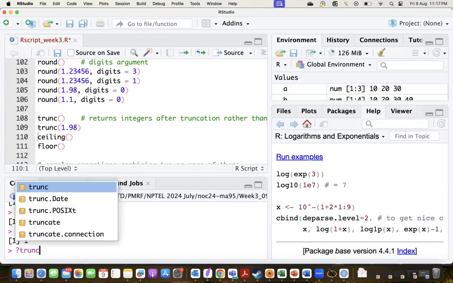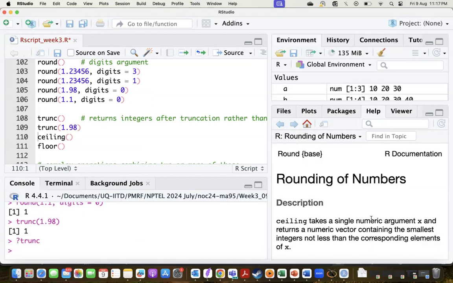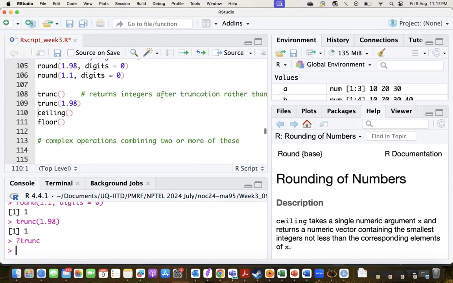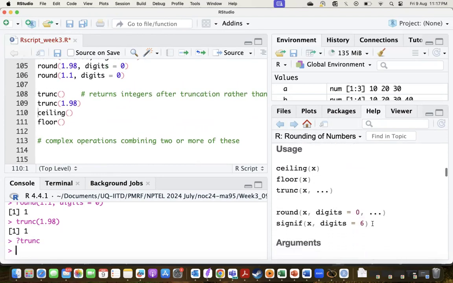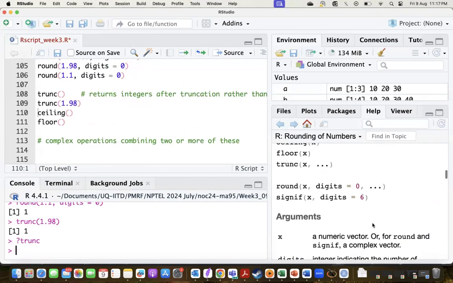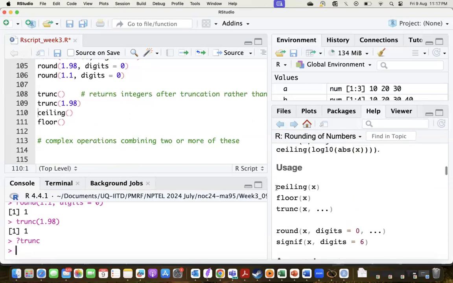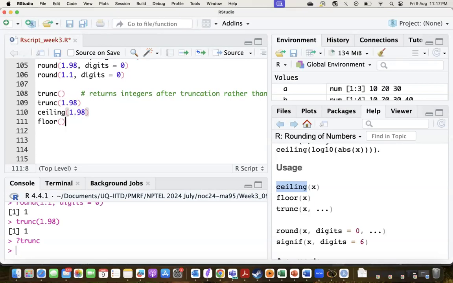So let's take a few examples here. You can see this. So there are 3 things basically: truncation, floor, and ceiling. So we tried truncation here. Let's try the other 2 as well.